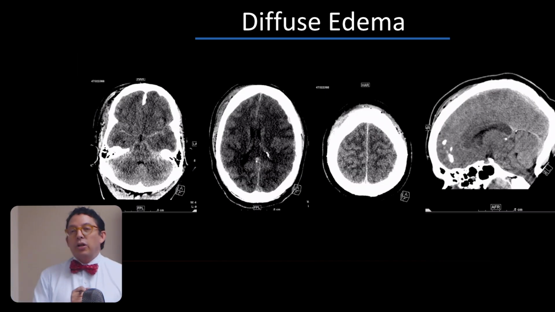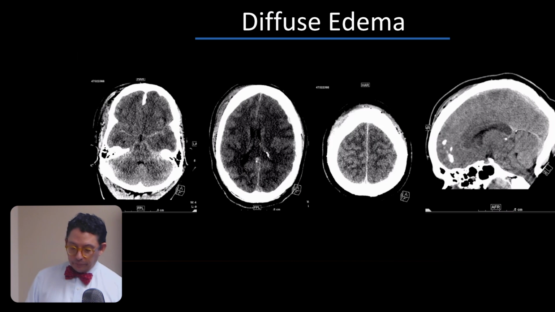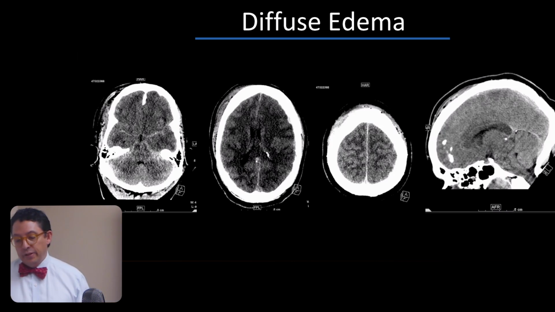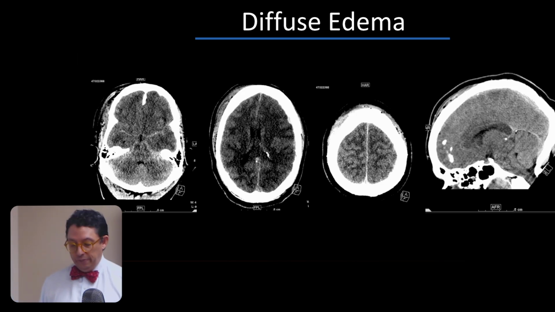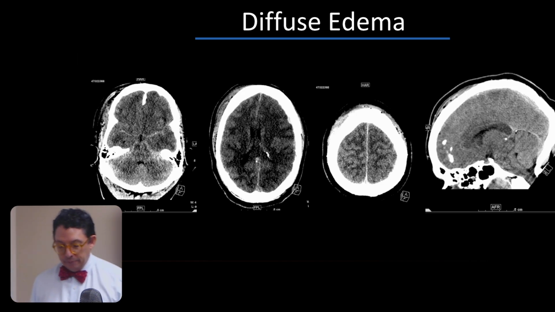So let's talk in CT about brain parenchyma. When you look at a CT, the first thing that you have to see is how is the brain parenchyma. You have kind of two options when you look at a lesion in the brain parenchyma.